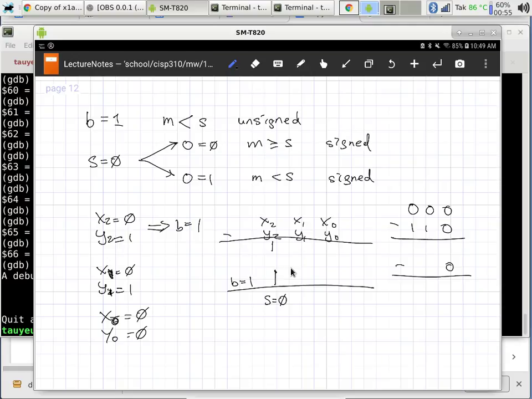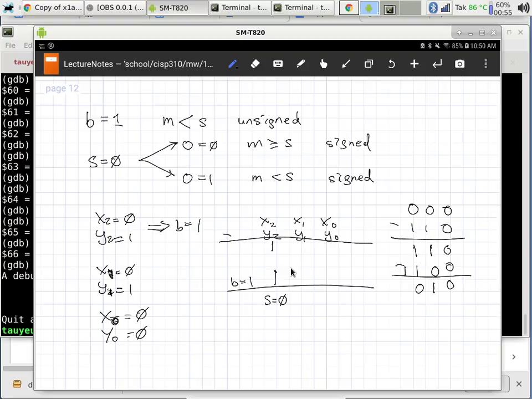But since I use this for explanation, it might be helpful for you to use exactly the same mechanism to work it out. 0 minus 0 is a 0, 0 minus 0 is a 0, so there's no borrow here. 0 minus 1 is a 1 here with a borrow. 1 minus 0 is a 1. 0 minus 1 is a 1 with a borrow. 1 minus 1 is a 0. Woohoo! I got my answer.